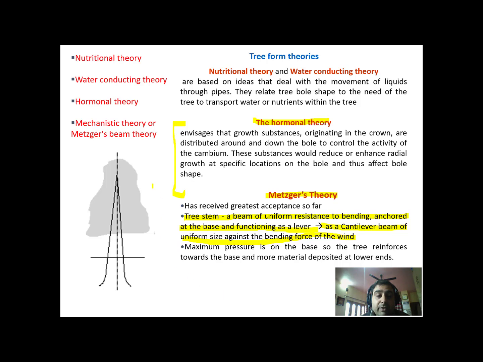When pressure is exerted on the trees, this force gets resolved from the top towards the base with increasing force. So the maximum pressure is on the base, so the tree reinforces more biomass towards the base.